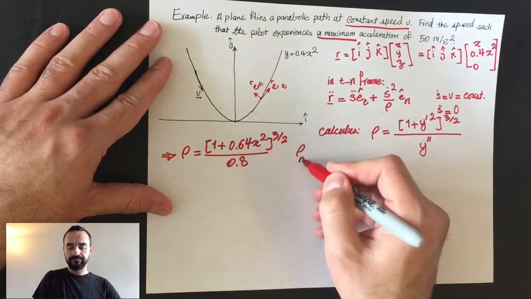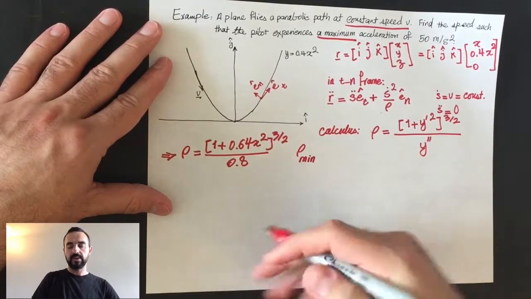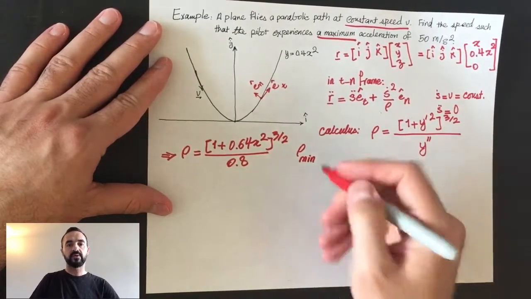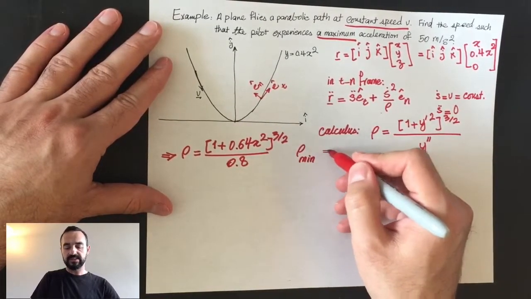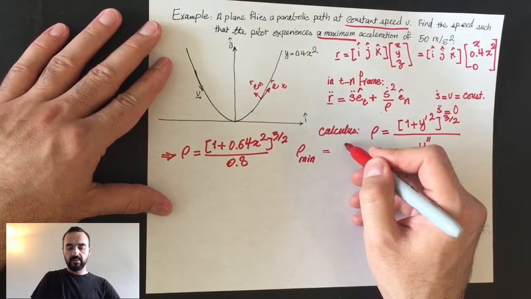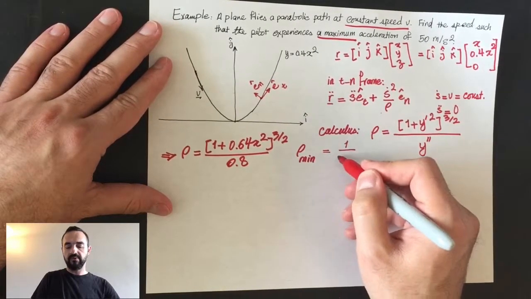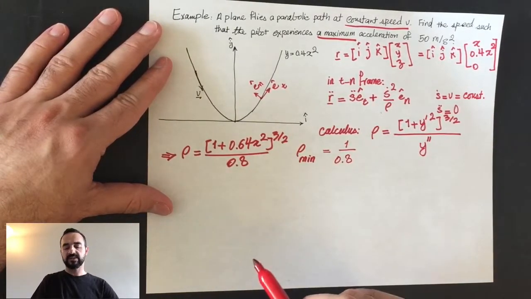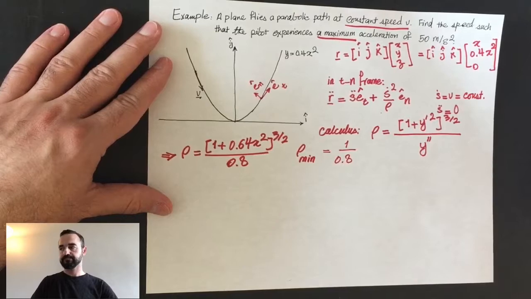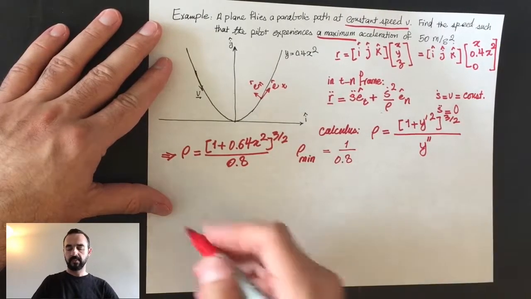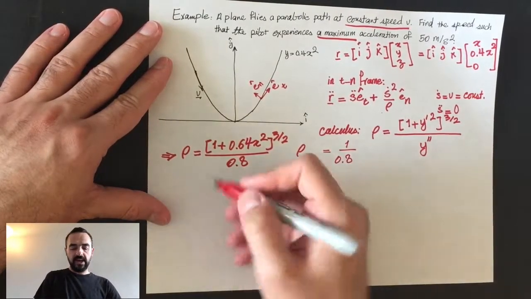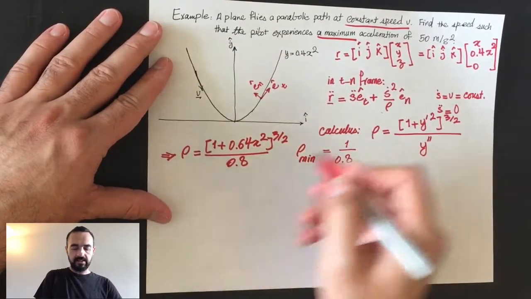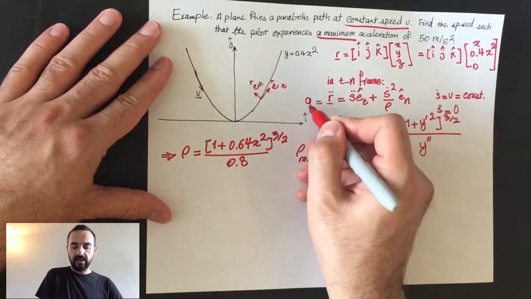So rho minimum, which corresponds to s dot squared over rho maximum. Rho minimum is equal to 1 over 0.8 for when x is equal to 0. Right? Okay. So a maximum, and let's call it a sub n.